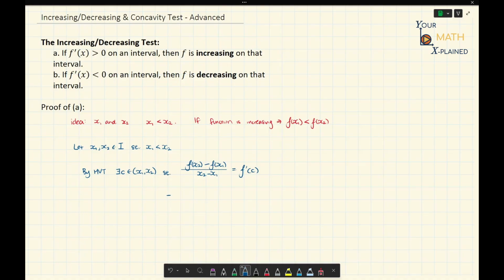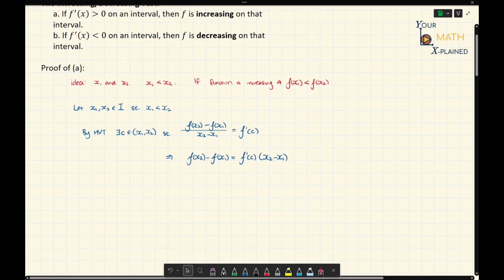And if we rearrange this equation, we can write this as f of x2 minus f of x1 is equal to f prime of c times x2 minus x1. So what do we know about some of those terms?